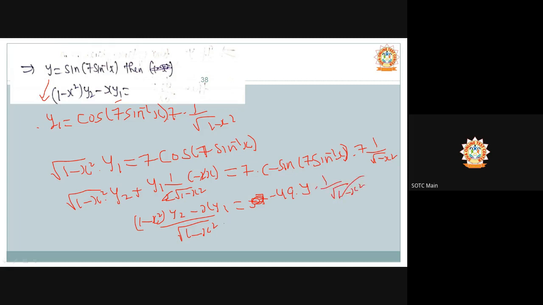So this 1 minus x square, 1 minus x square will cancel. What is remaining? 1 minus x square into y2 minus xy1 is equal to minus 49 into y. So what they asked, 1 minus x square into y2 minus xy1 is equal to what? Minus 49 into y is your answer basically.